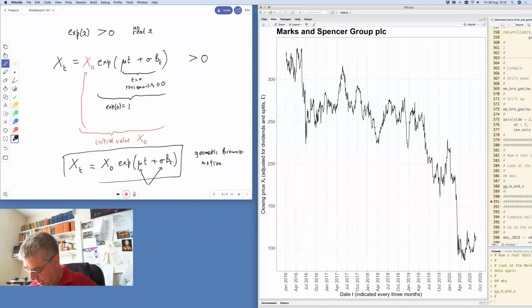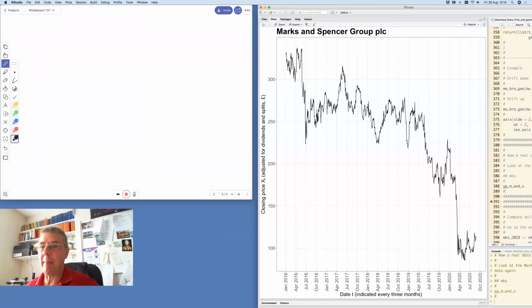Okay, to do that, we need some more mathematics. So I'm going to write down the model again, xt equals x naught exp(mu t plus sigma bt). And I'm going to take the log of both sides.